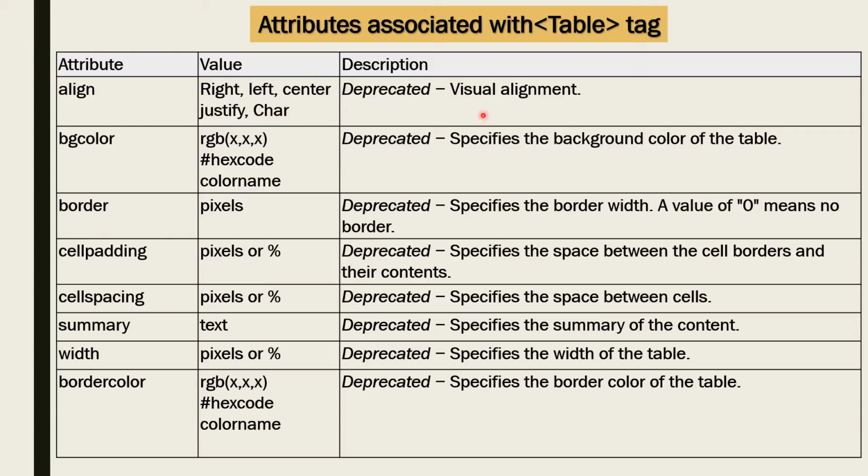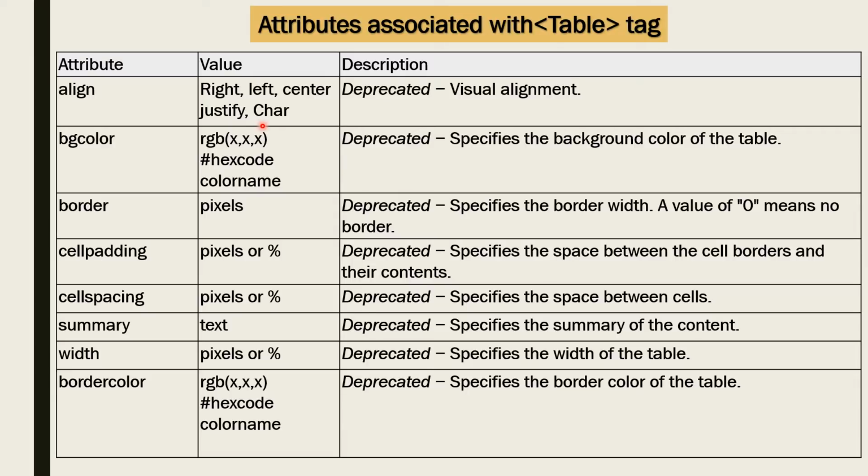It's a visual alignment, meaning it is used for aligning the content in an individual cell or the table itself. Like you can see here, in this table the content is left aligned. If you want to align right or center, you can do all the alignment of the data with the help of these attributes.